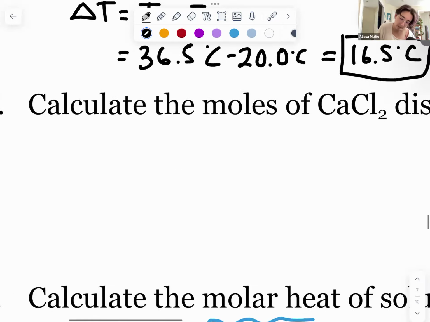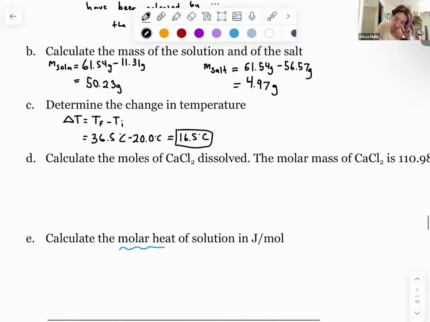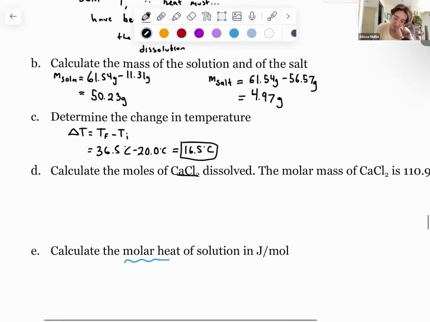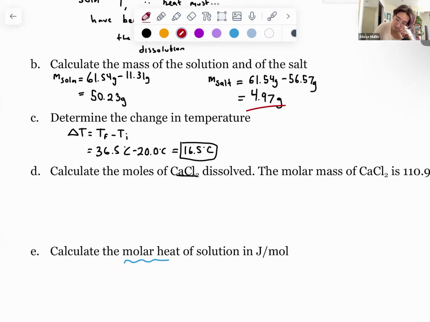Cool. Okay, calculate the number of moles of calcium chloride that were dissolved. So we know our mass of our salt, and we know our molar mass, grams to moles.